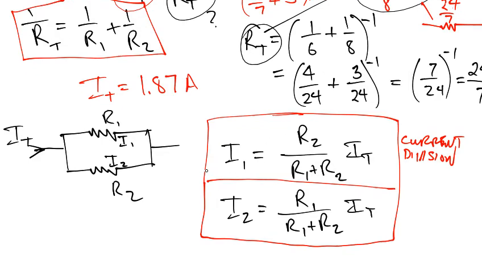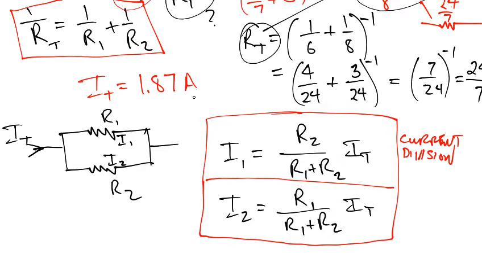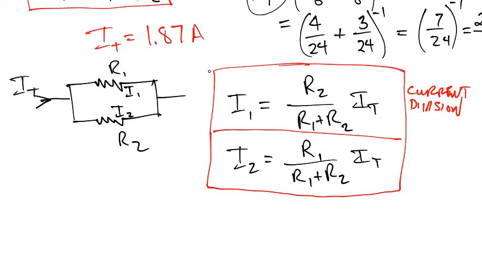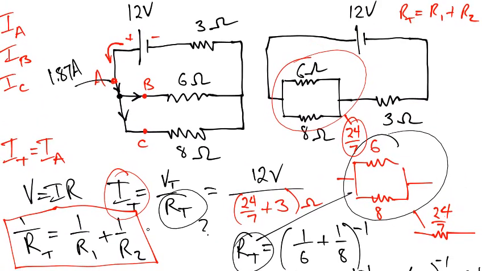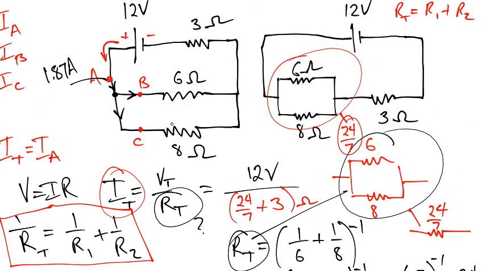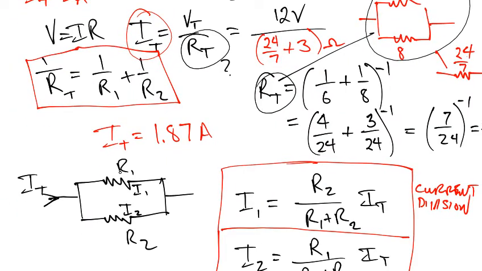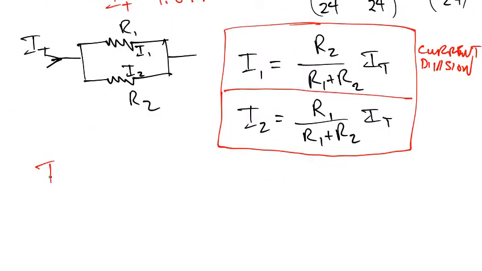And if we work it out, in our case, we now have to say which one is I1 and which one is I2. Let's say it for the 6. Therefore, the I going through the 6 ohm resistor is going to be 8 divided by 6 plus 8 multiplied by 1.87 amps.